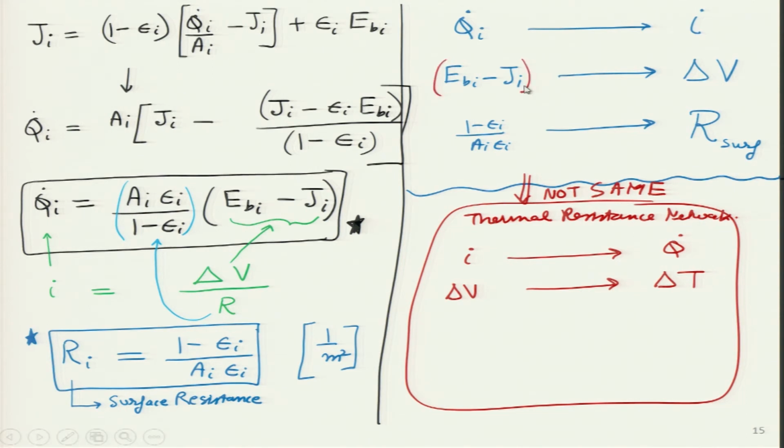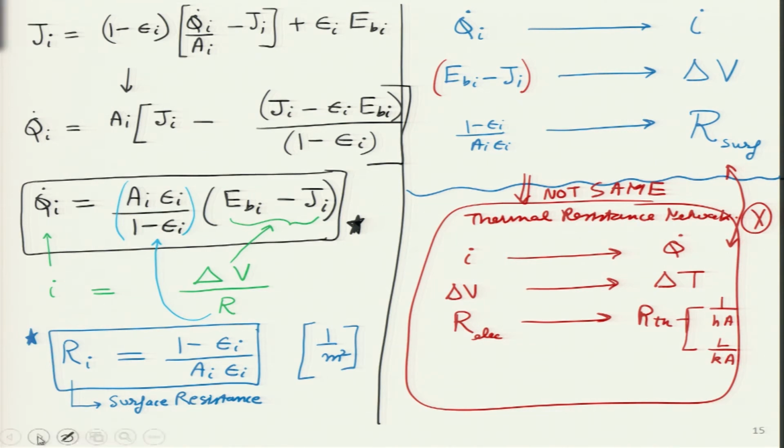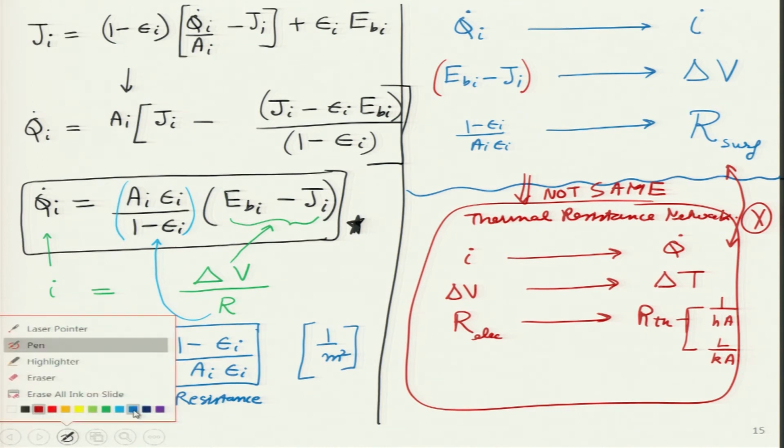The analogy for electrical resistance there was thermal resistance: for convection it was 1 by HA, and for conduction it was L by KA. These two are totally not the same. Please remember it very carefully, it will be very beneficial to the students. I hope it is clear till now.